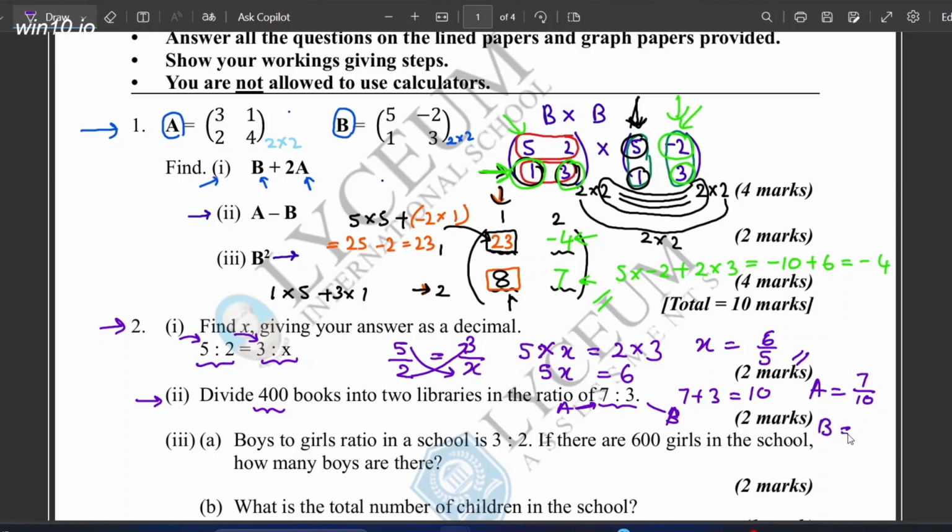So the fraction that B has is 3 over 10. So how many books should A get? So 400 times 7 over 10. That means 280. How many books should B get? 400 times 3 over 10. So that means 120.